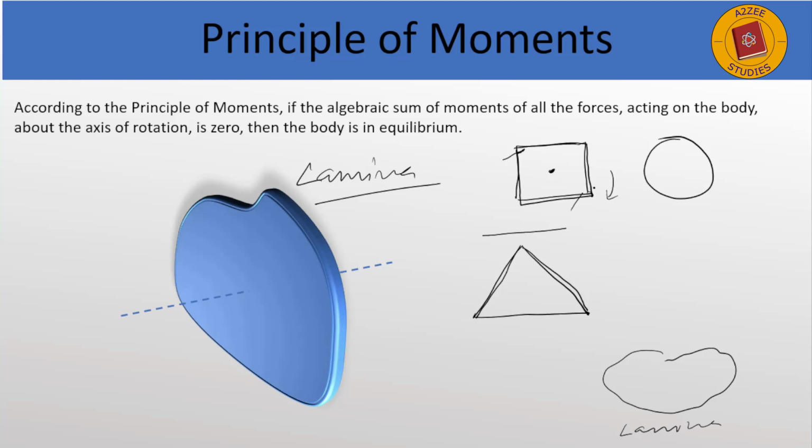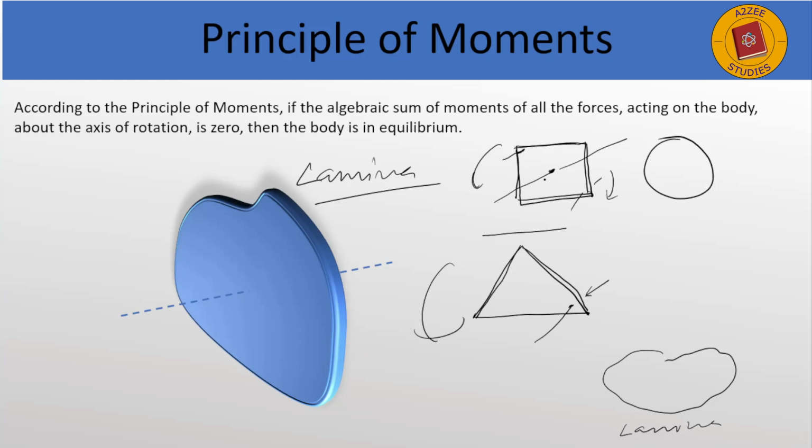If you put a pin through this and release it, you will see the body will rotate this side. Here also in this triangle, if you put a pin through this and just leave it, you will see that it rotates this way. Got it?